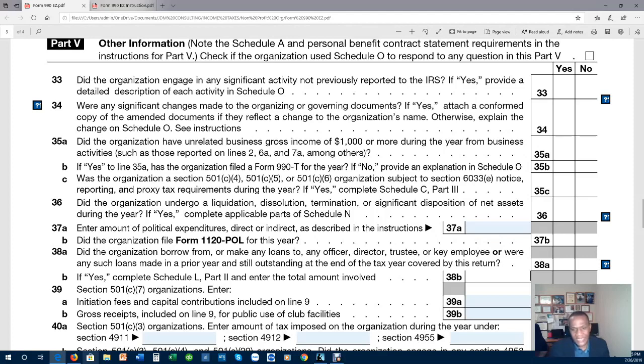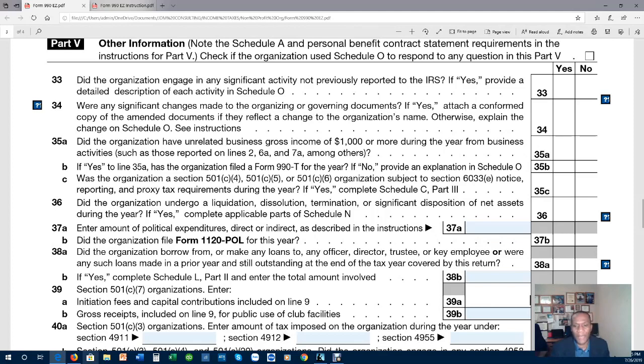Section 501(c)(7) organization, enter here 39A, initiation fees and capital contributions included on line 9. Capital contribution would be when the officers, the owners of the organization, contribute capital to the organization. Let's say the organization runs out of money and you want to keep it running, so you contribute your own money.